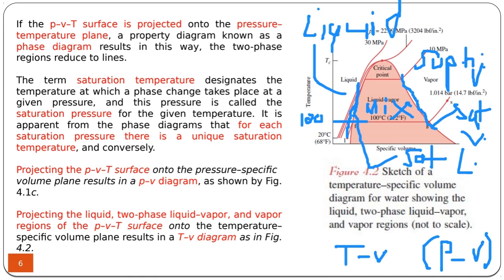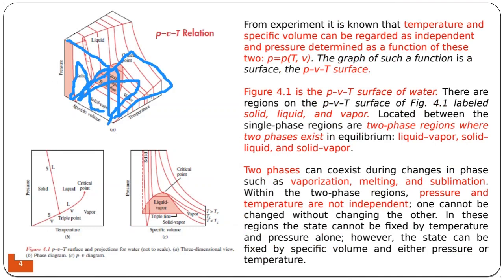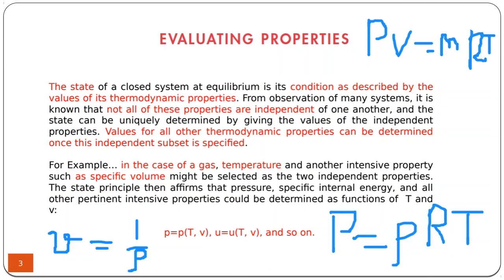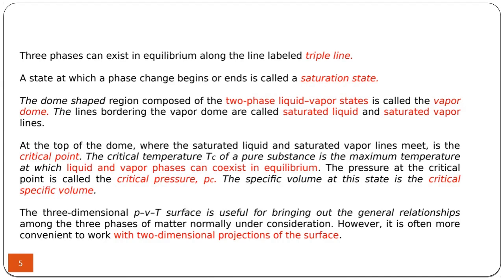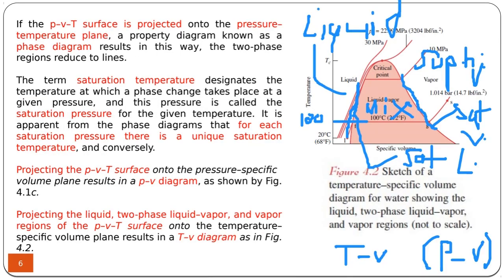So except for the saturation, you always need two intensive properties to fix a state, such as this one or that one. But inside the saturation curve or on the saturation curve, you need either the temperature or the pressure.